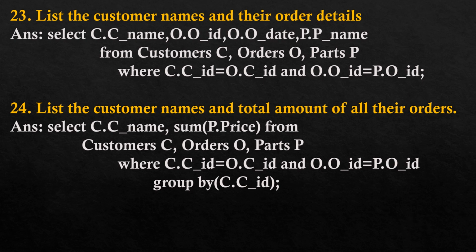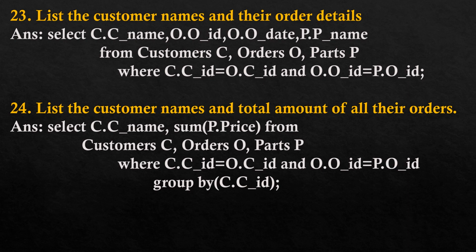So select C.customer name. Here you can see we have also given alias names, like we have done before. C is the name given to the table customers, O is the name given to the table orders, and P is the name given to the table parts. So C.customer name, comma O.order ID, comma O.order date, comma P.P name from customers C, comma orders O, comma parts P, where C.CID is equal to O.CID.